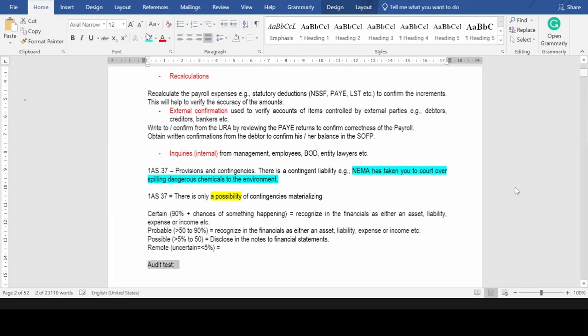So I'm going to inquire from the entity lawyers or the company lawyers. Remember, inquiries is for internal lawyers on the progress and stage of the court case.